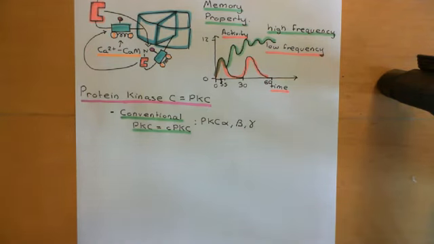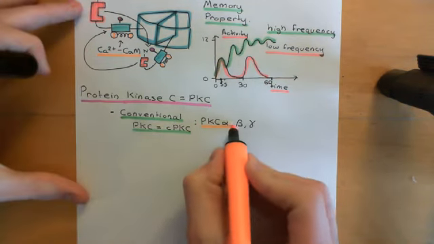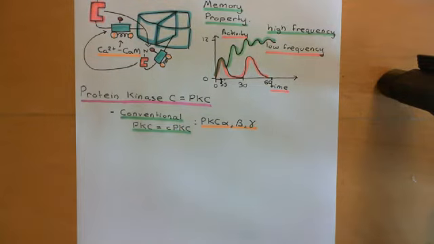These are the three members of this conventional family of protein kinase C enzymes that are all going to be regulated by calcium, and that's why we're discussing this family. Other families, such as the novel and atypical protein kinase Cs, they're not regulated by calcium, which is why we're throwing them aside. Okay? Right then, so let's discuss the conventional protein kinase Cs then.